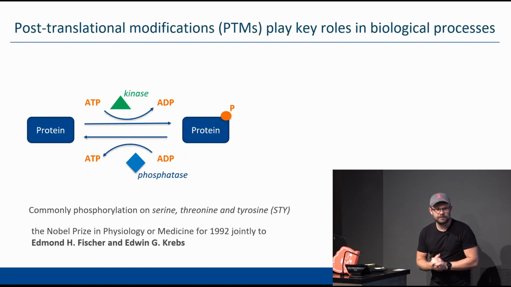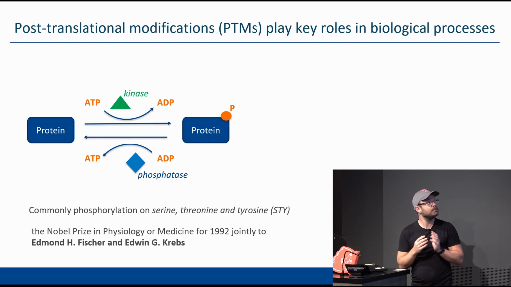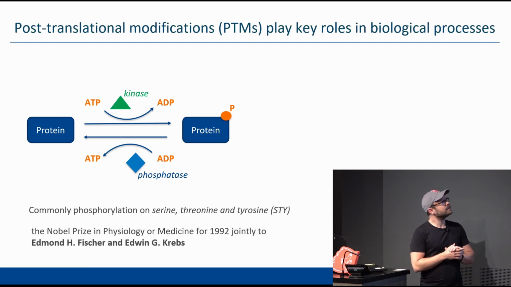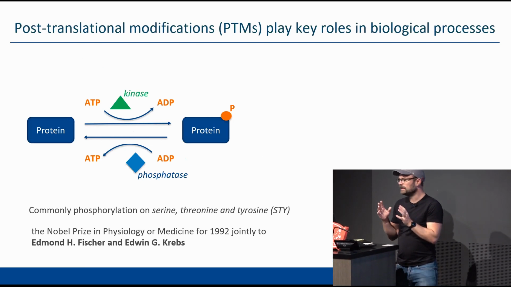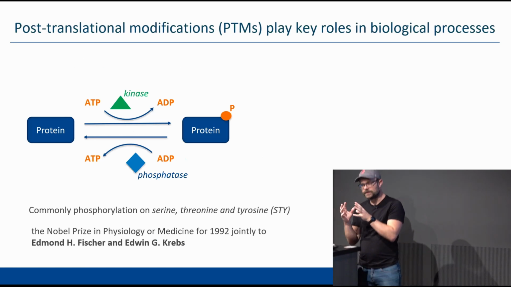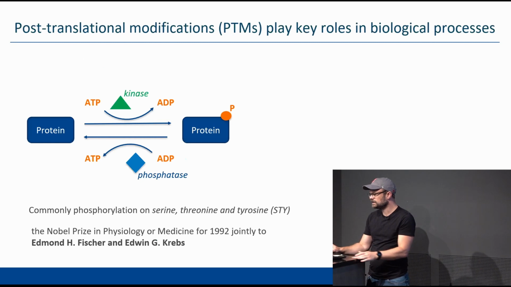So protein phosphorylation is a biological regulatory mechanism. Proteins get phosphorylated by a kinase, meaning there is a phosphate group covalently bound to the peptides.